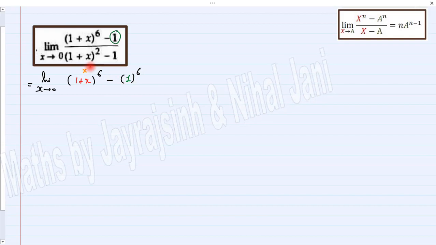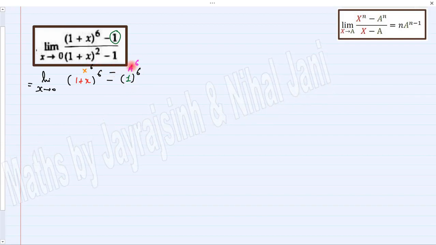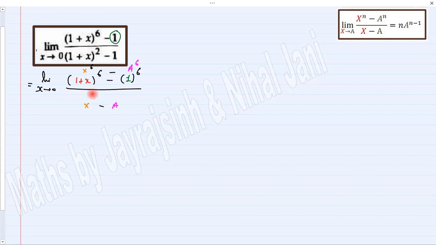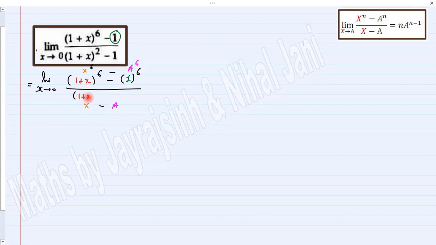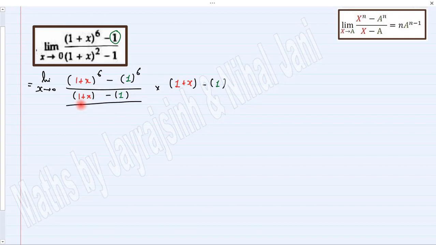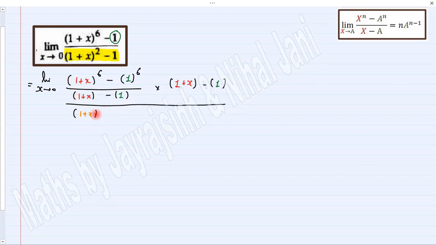So here we have X raised to 6 minus A raised to 6 form. We just need X minus A form in the denominator. So let's multiply and divide by 1 plus x minus 1, upon, in denominator we have (1 plus x) raised to 2 minus 1, this 1 can be rewritten as 1 raised to 2.